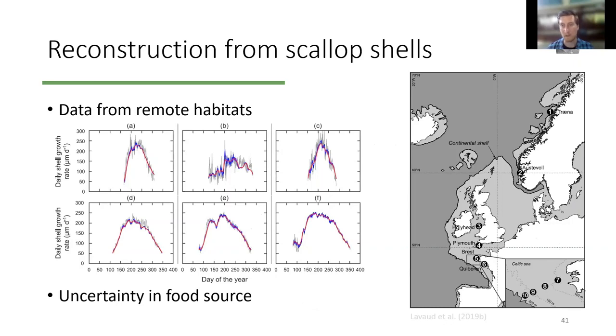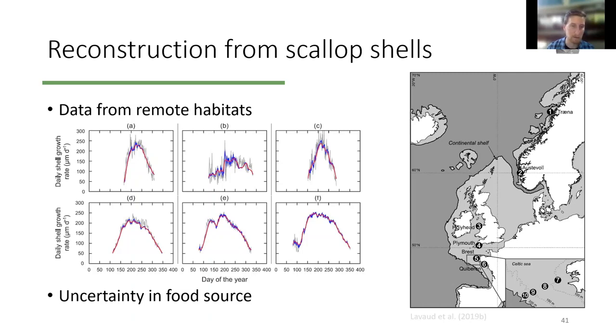Scallops can live from the northern part of Norway to Portugal, and also on the continental shelf at depths greater than 200 meters. In this area, sometimes it's really hard to retrieve data, but we sometimes retrieve some scallop shells, and we were interested to look at the environmental conditions from these locations.